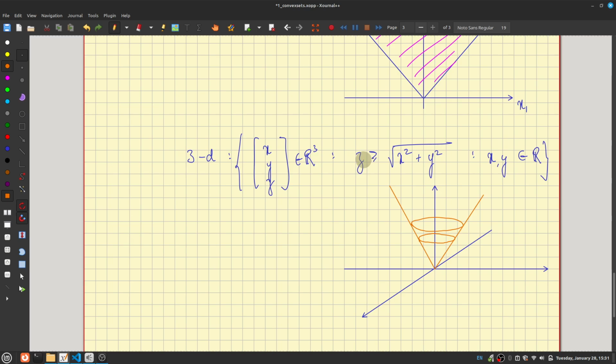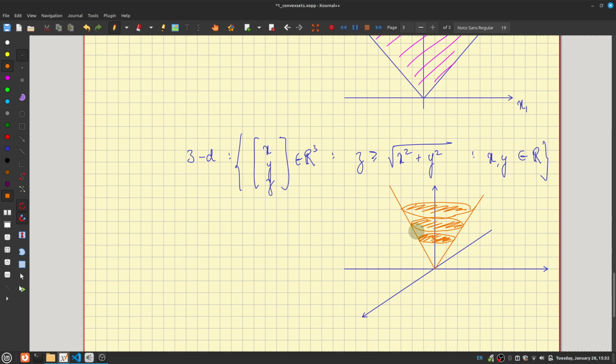It's the entire circular region which gives you this for a given z. So you keep varying z from 0 all the way up to infinity. What happens? You keep getting a series of growing circles. Right, and this will just give you the ice cream cone, but of course it extends all the way up to infinity.